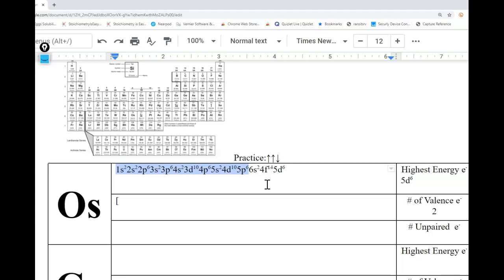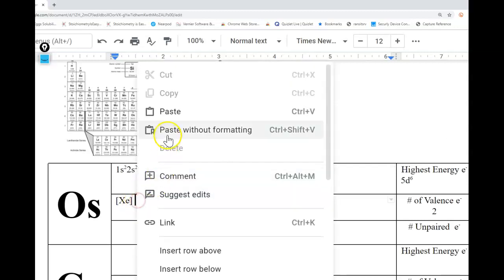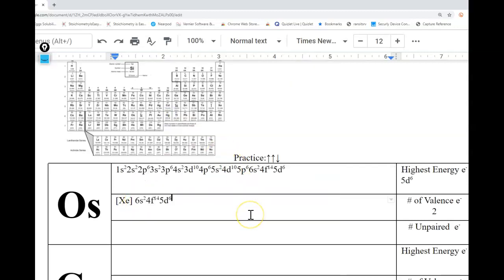The noble gas at 5p6, when you look it up, is xenon. So I am going to put xenon into the brackets, followed by what comes after the xenon: 6s2, 4f14, 5d6.